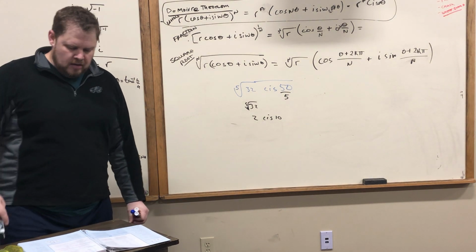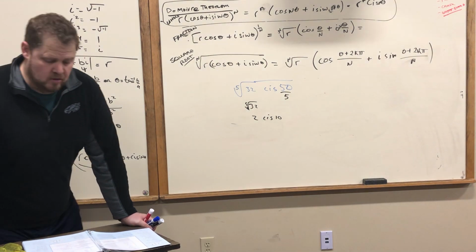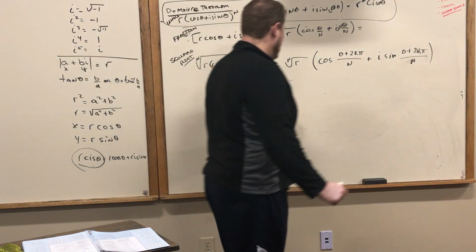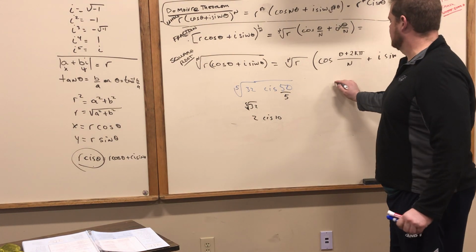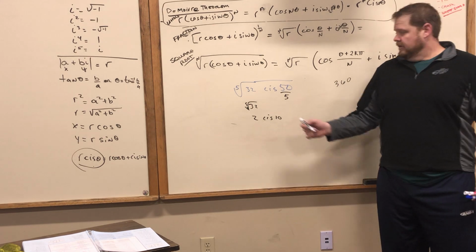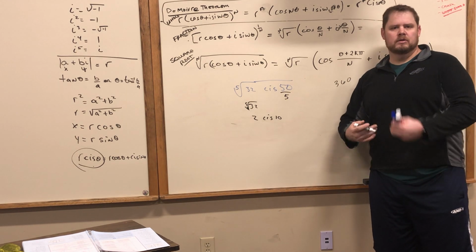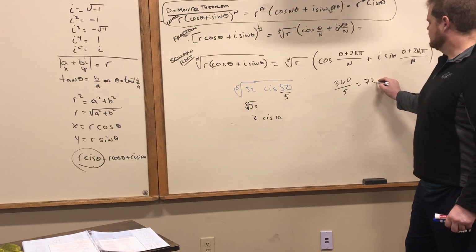So what's the next one? If I were going to do a root all the way around, how would I do this very quickly? Think about this for a second. How many degrees does a circle have? 360. And it's going around at what root? 5. Divide by 5. What do I get? 72.